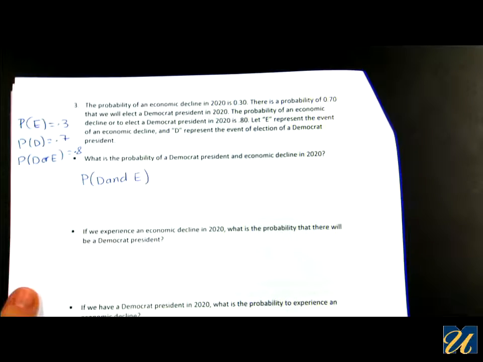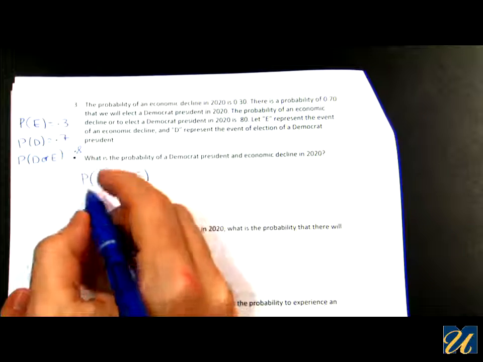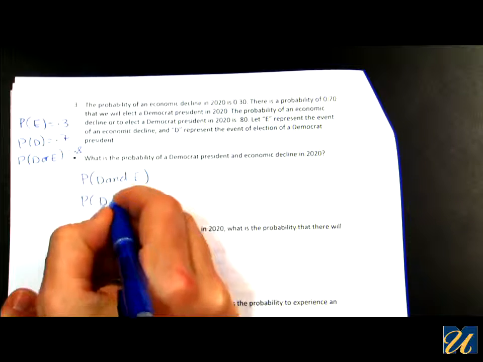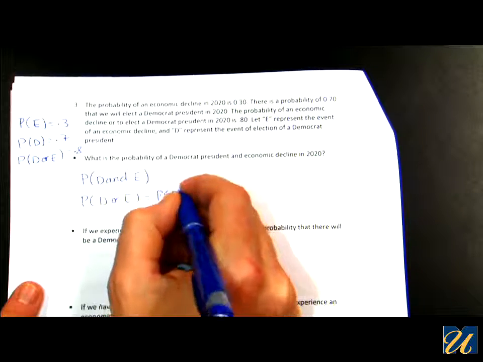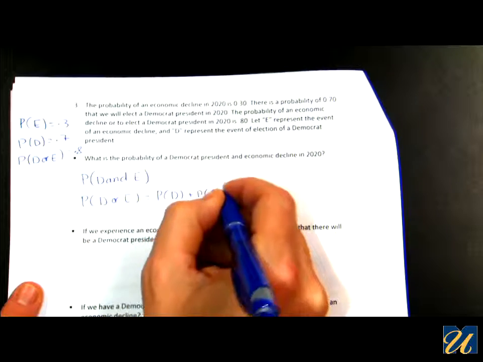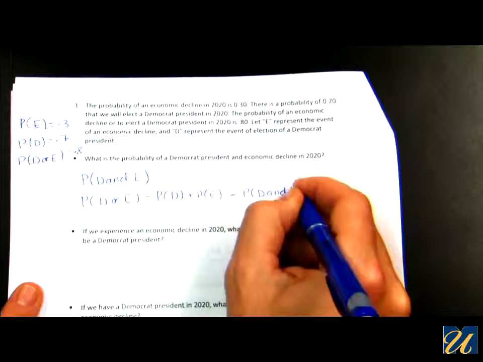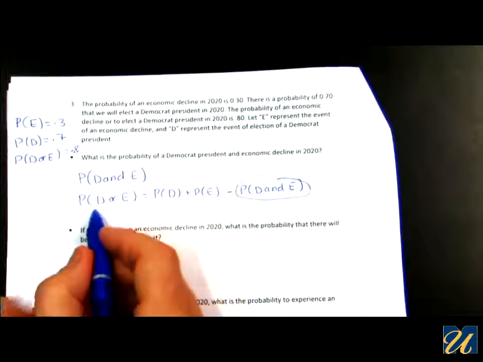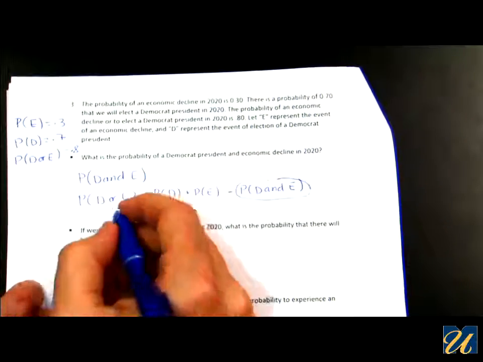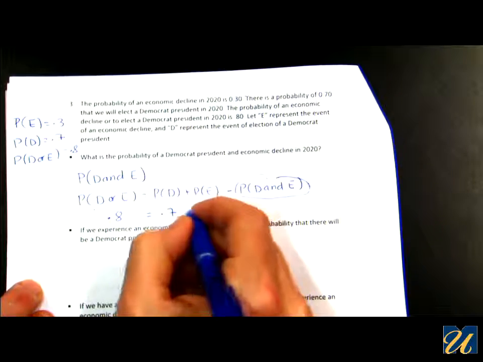Right. So again, we go back to the formula that connects all four probabilities. The probability of D or E is equal to the probability of D plus the probability of E minus the probability of D and E, which is the probability that I am looking for. So probability of D or E is equal to 0.8. Probability of D is 0.7.